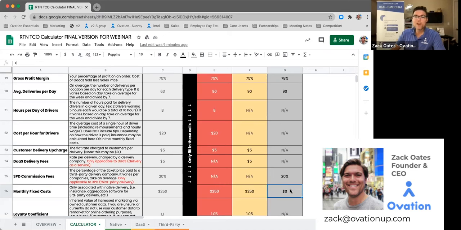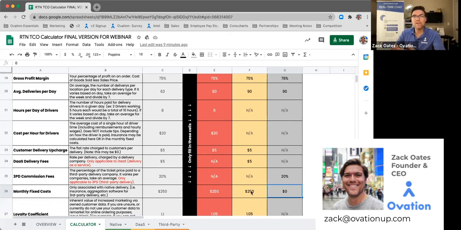In this specific scenario that we just modeled out as the base case, we have 0 here because you may not have anything. You don't necessarily need any additional software.